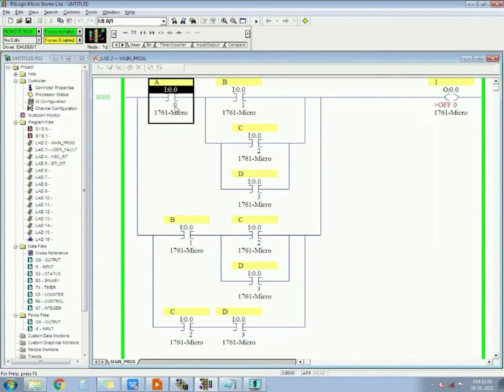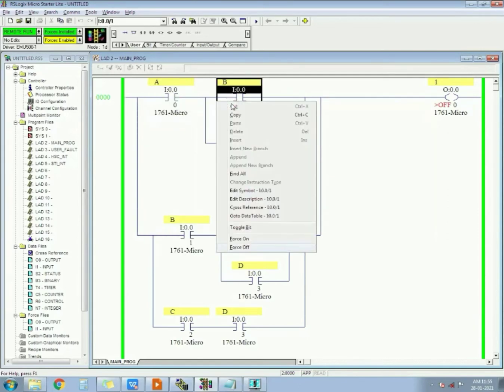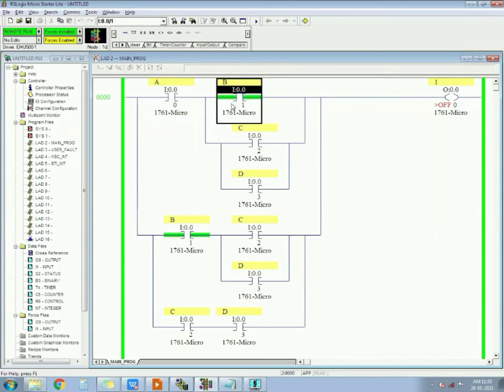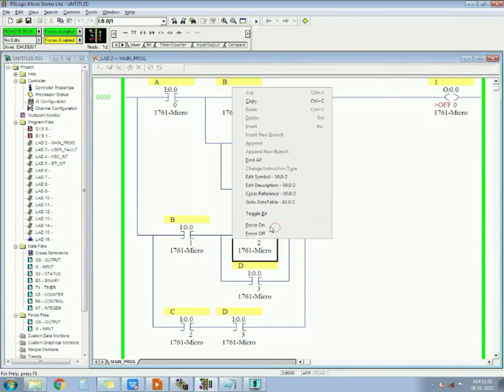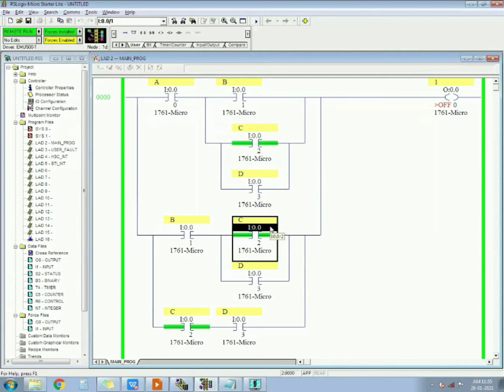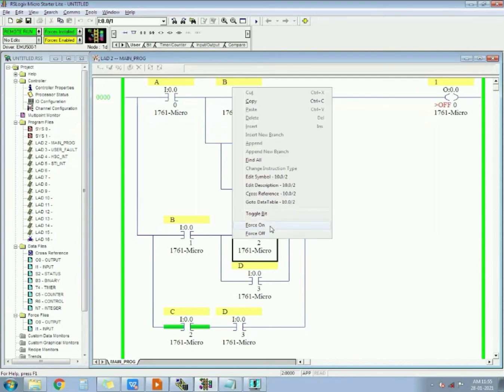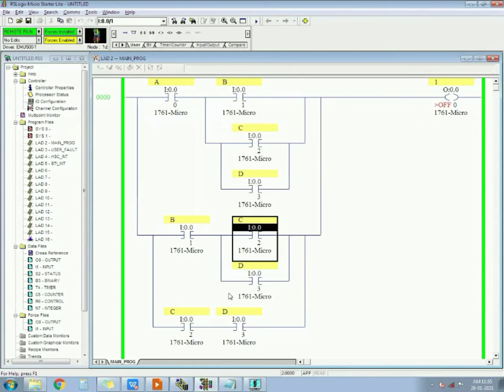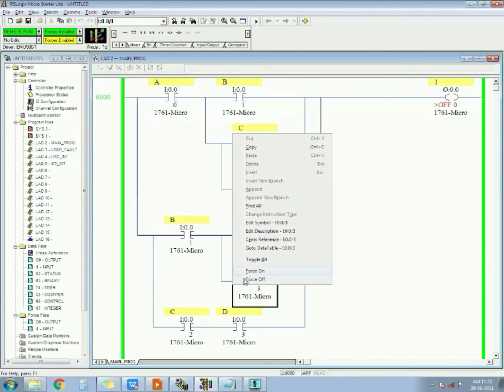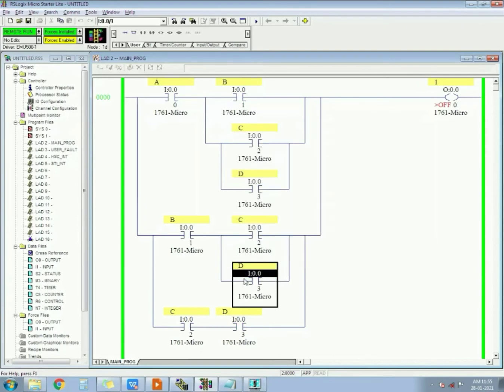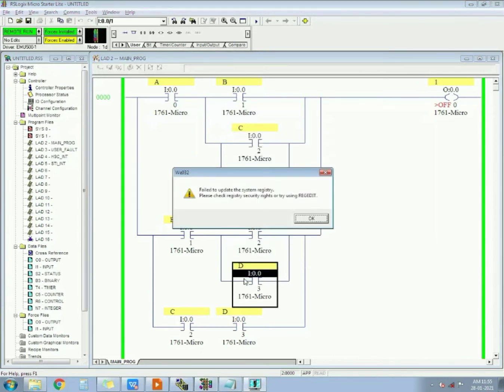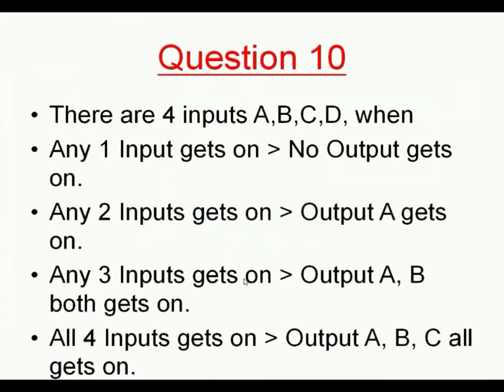See A, now B, C, and individually even D, no output should get on. It means our first condition is true. Now I will move on to the second condition.